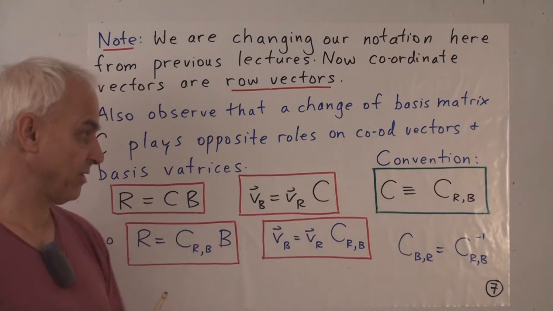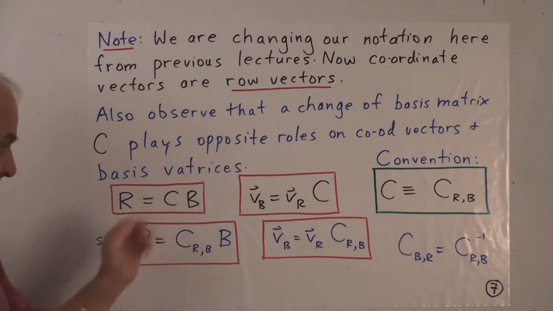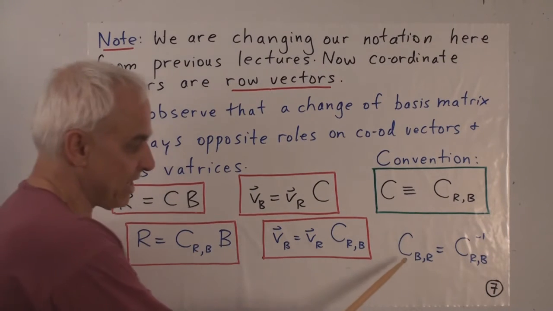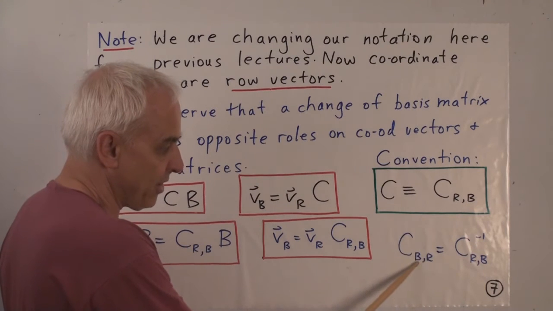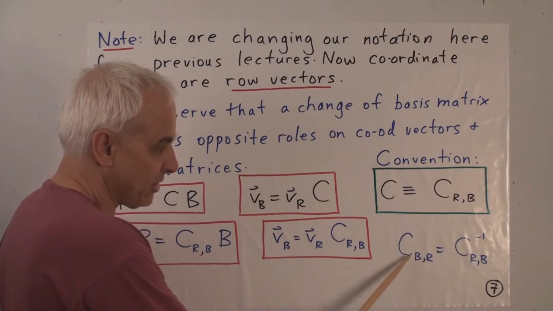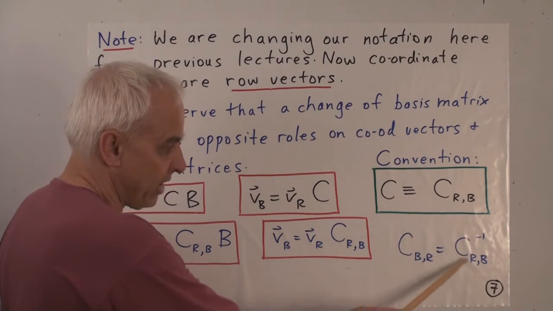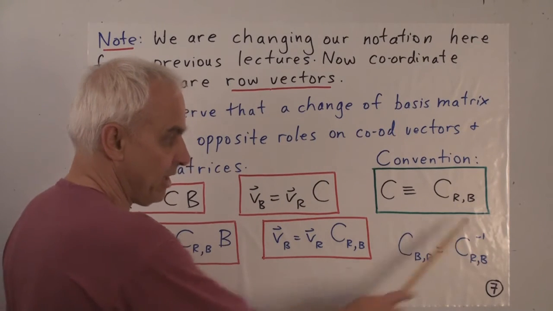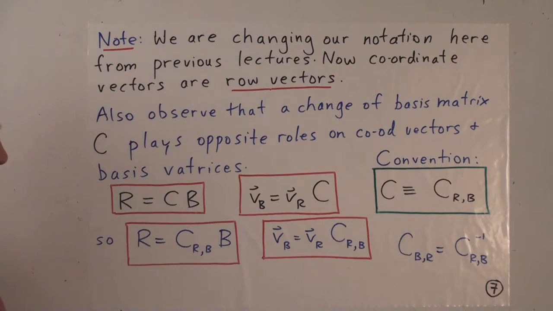A C inverse to the right on this equation and a C inverse to the left on this equation. And the inverse is just going to be given by interchanging the indices B and R. So C sub B comma R is just C sub R comma B inverse. So we're going to call C sub R comma B a change of basis matrix. And that's our notation that we're going to use, and I think it's quite consistent and somewhat elegant.